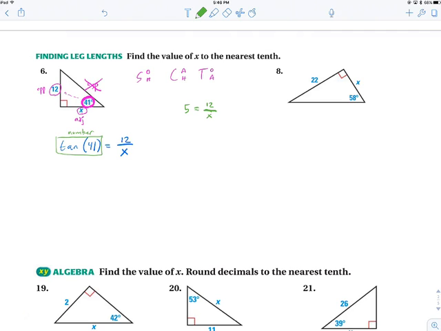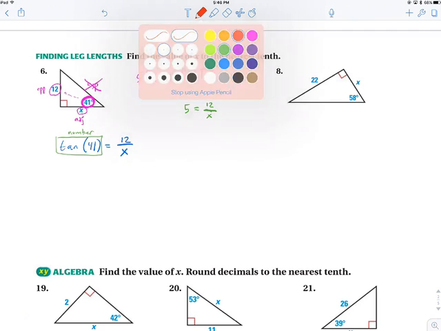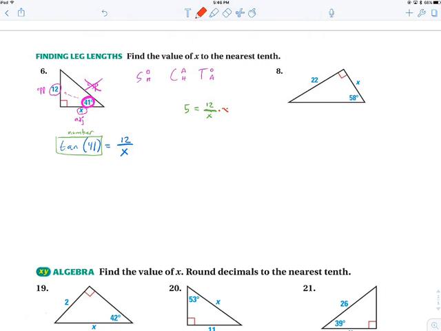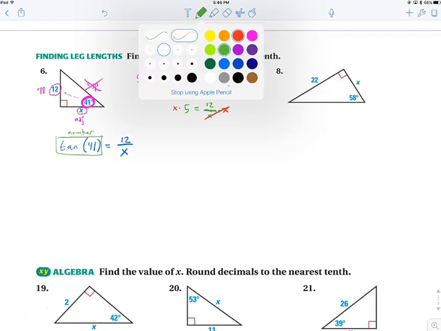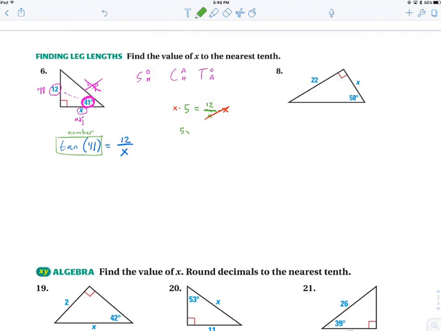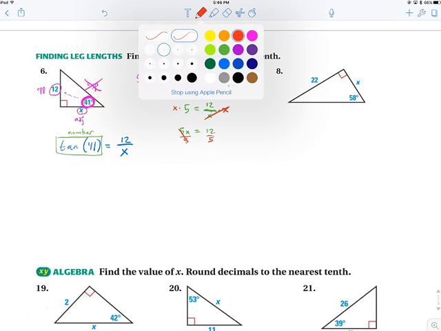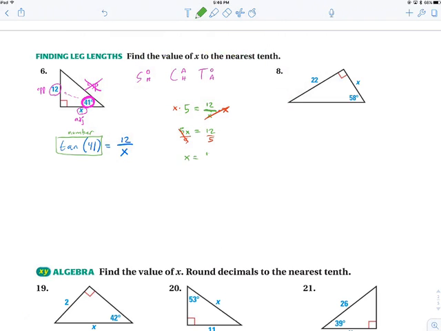Okay, now the tangent of 41 is probably not equal to exactly 5, but this is an analogous situation. If I want to solve this, I would multiply by x, because that's within the denominator. I would say, okay, those cancel. So now I've got 5x equals 12. And then I'm going to say, oh, well, that's just a number times x, so I'll divide by 5 on both sides. And I get x equals 12 over 5.